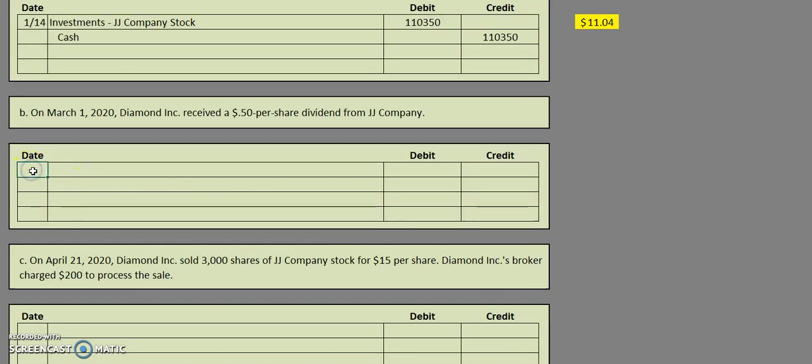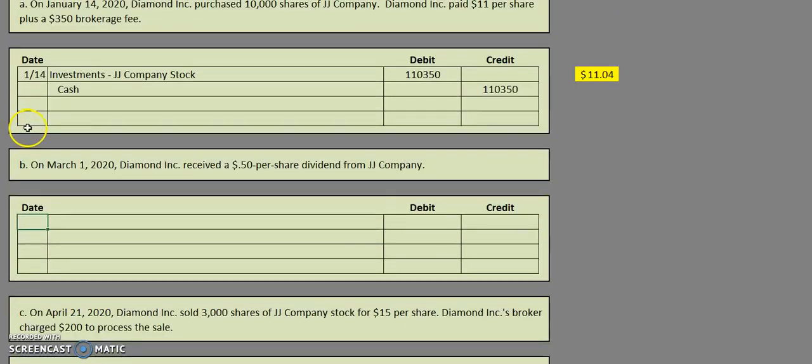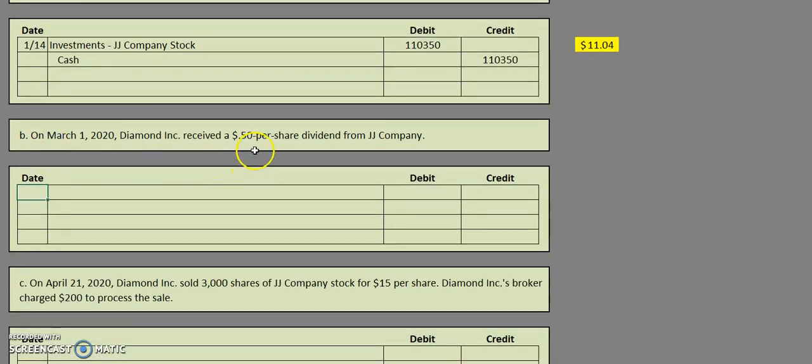On March 1st, 2020, we end up getting a 50-cent per share dividend from JJ Company. So on March 1st, we are receiving a dividend, which in this case is 50 cents per share. That's cash, so our cash will be debited since cash is going up.